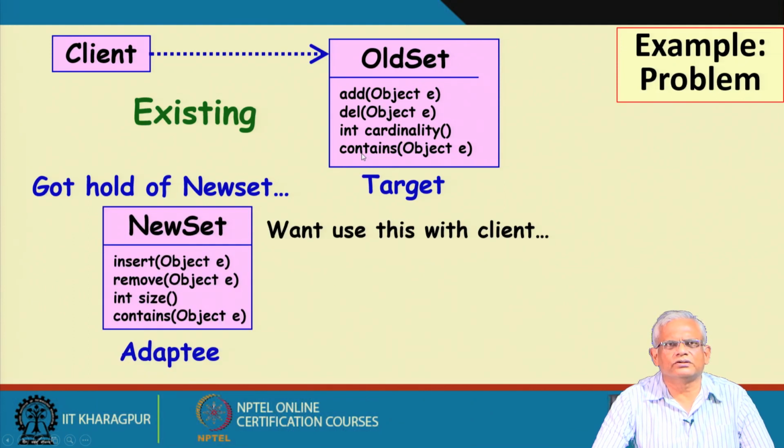But then we got hold of the new set, which is much more efficient, but instead of add, delete, cardinality and contains, it has the methods insert, remove, size and contains. We do not want to change the code of the client, and we want the client to work with the new set, and therefore, we will have to write the adapter.